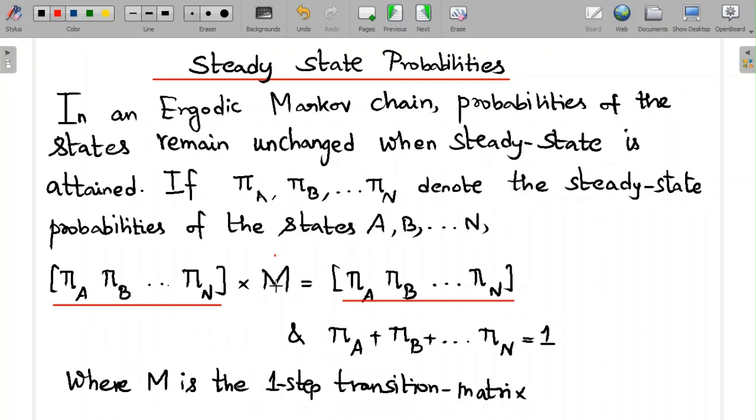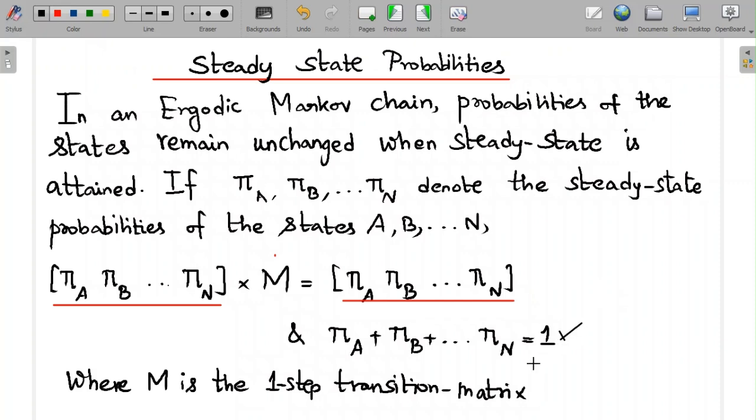So the one time step that has elapsed does not affect the probabilities, and that's what we mean by a steady state. The probabilities are independent of time. Plus, what do we know about pi a, pi b, and pi n? We know that they are probabilities of a set of all exhaustive, mutually exclusive events. So their grand total will always be 1.